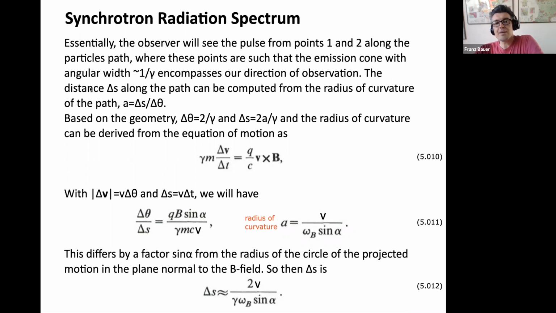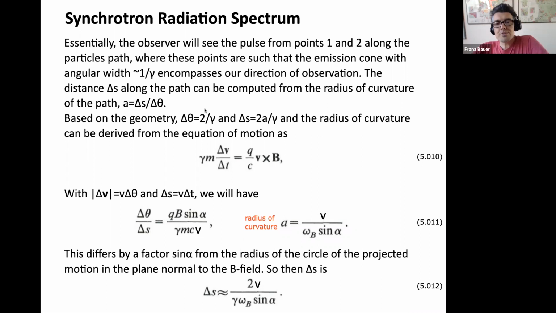And there's going to be a curvature path length, delta S, along which we can compute a radius of curvature. The radius of curvature we'll define as A. Sorry, it's also the same letter as acceleration, but this is the radius of curvature. This is going to be the path length divided by the change in angle.